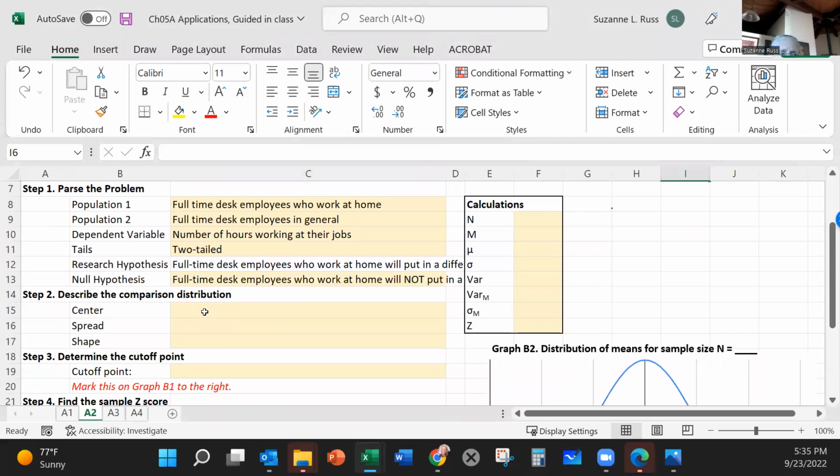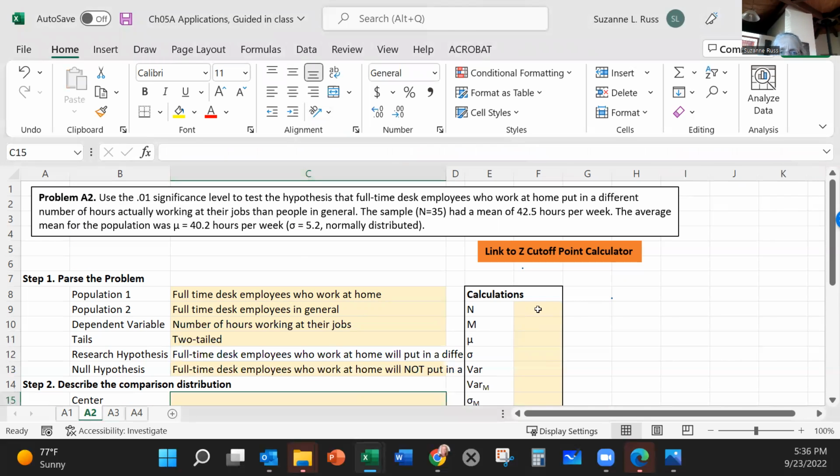Now we're on to step 2, the comparison distribution. I know that the center will always be mu. The spread will always be sigma of the distribution of means, and the shape is going to be normal. But let's go ahead and tease out the data from this problem. The first thing we need is n, and I can see n is 35. Next, we need M, and that's the sample mean.